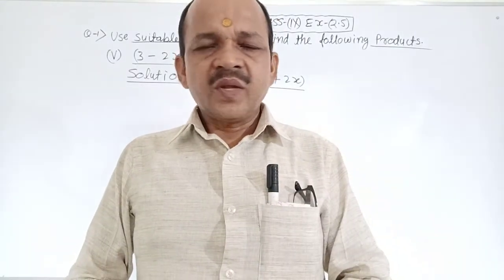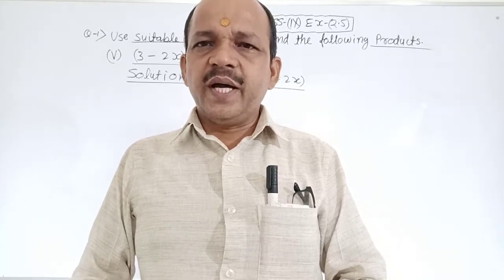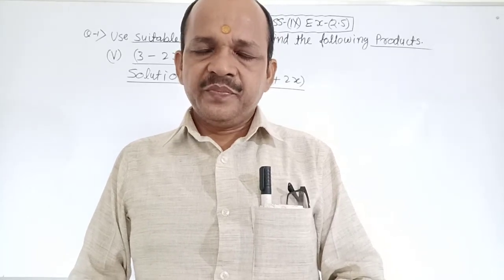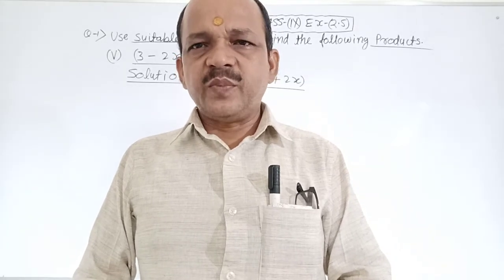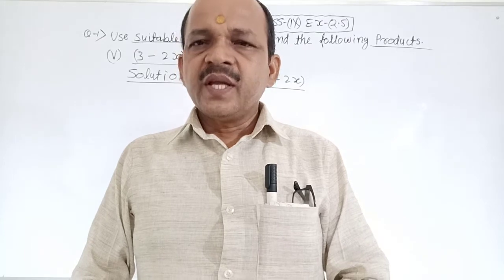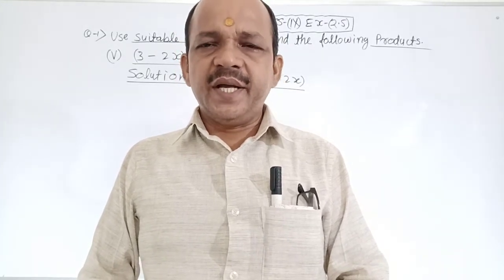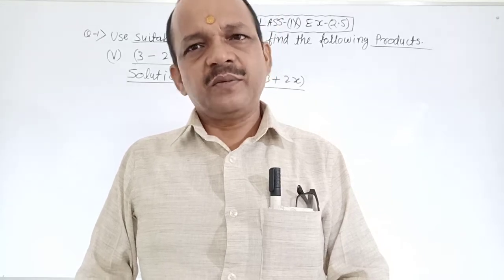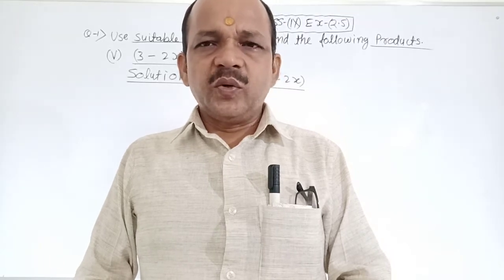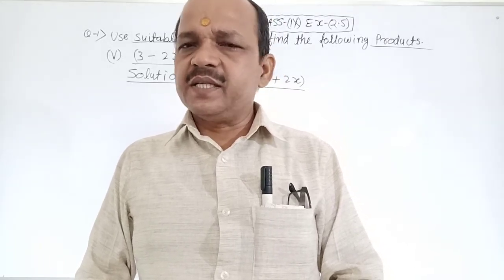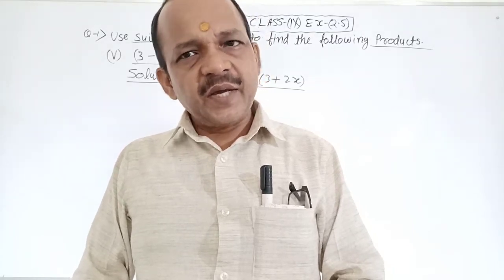It is clear. First identity: (a plus b) whole square equals a square plus b square plus 2ab. (a minus b) whole square equals a square plus b square minus 2ab. a square minus b square equals (a minus b)(a plus b). a cube plus b cube equals (a plus b)(a square plus b square minus ab).